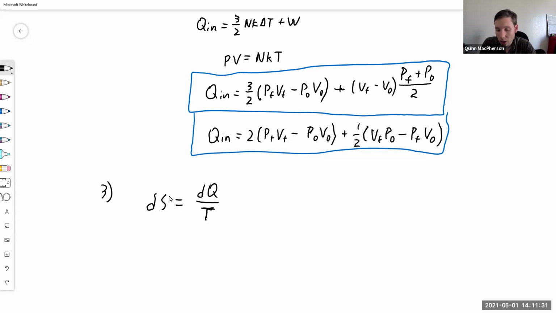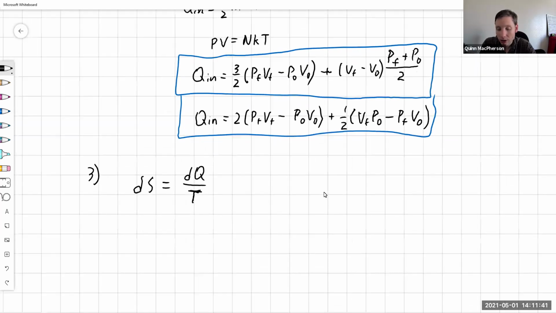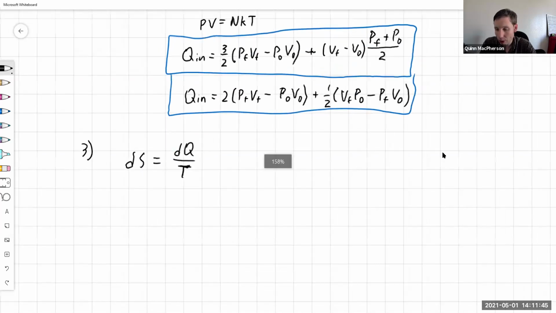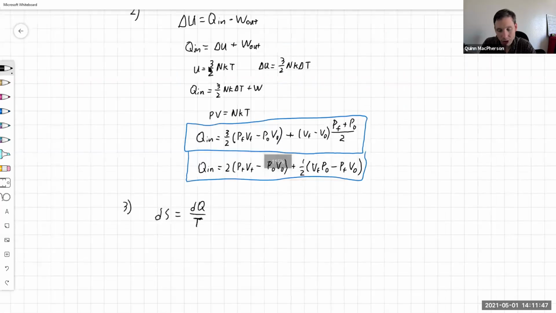So the total change in entropy will be basically integrating dQ over T, where T will change as we add heat. Okay, so we want to start the process just like we did up here.